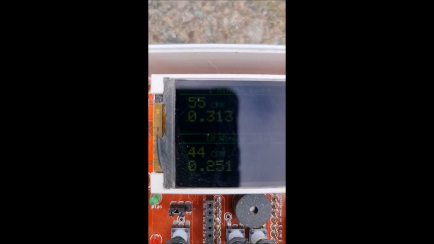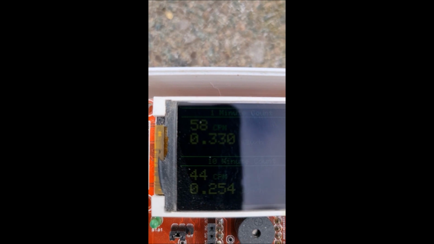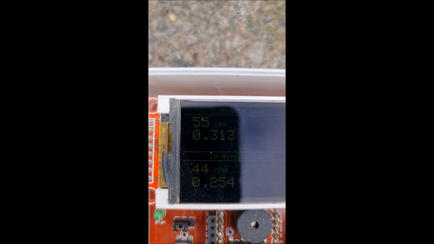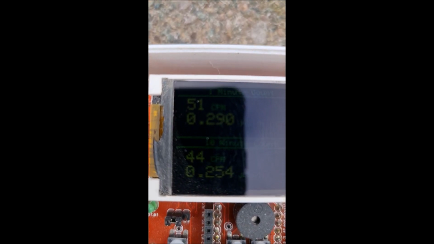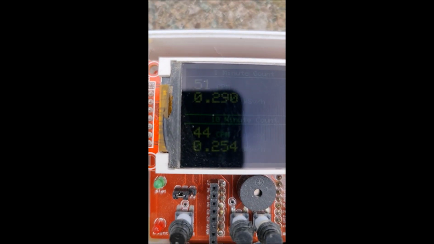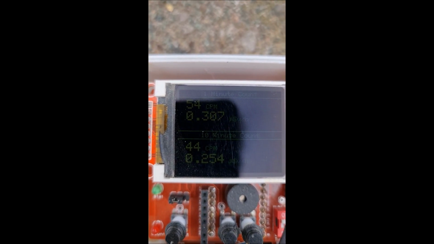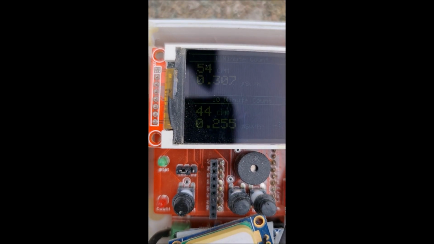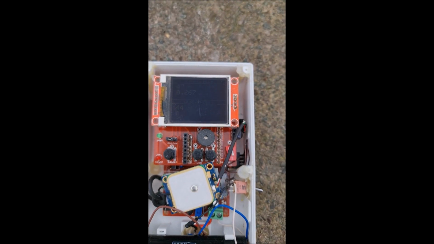Right, so 10 minutes have passed. I don't know whether you can see that there's a 58 at the top and a 44 at the bottom. The top is per minute, and at the bottom is over 10 minutes. So we're getting about 50 clicks a minute and 44 clicks over a 10-minute period.